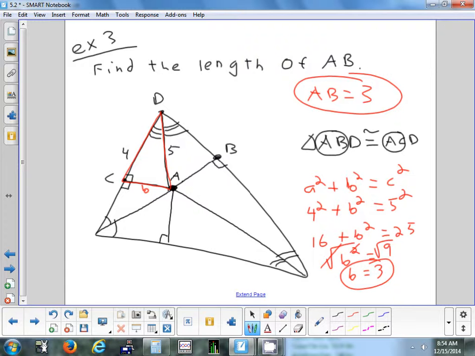I'm sorry, an acute triangle would be on the inside. Yep. Obtuse would be on the outside, and the right would be on... Yeah, good. Everybody hear that? So for an acute, it's inside; obtuse, outside; right triangle, it's right on one of the sides, the hypotenuse. Right? So that's all the characteristics of your circumcenter.